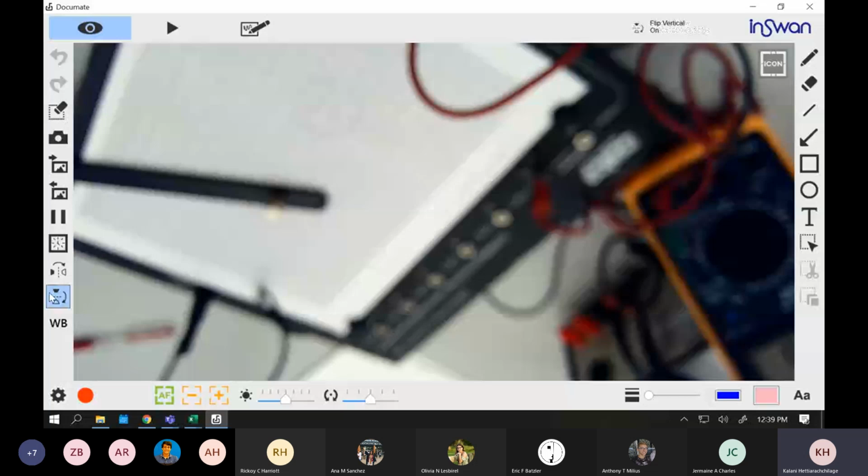So after you find those points, you're going to draw the equipotential lines by connecting those dots. I can try one around here.